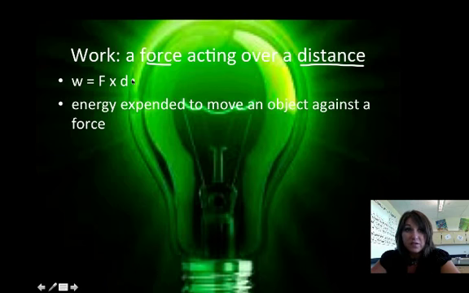That's why the pathway is important, because distance is important. So here's the physics formula for it. Force times distance, or what we call in physics displacement. So the amount of work you do depends on the size of the force and the distance across which that force is applied. So energy would have to be used to move an object against a force, right?